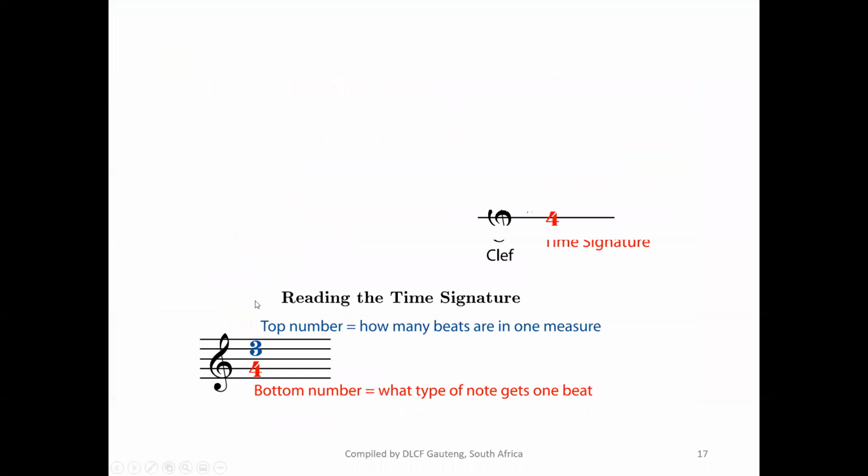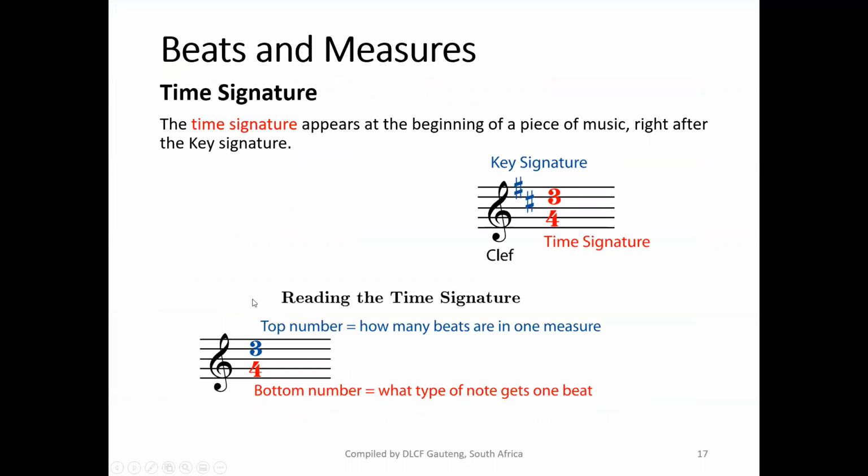Okay, so just to quickly summarize, we'll notice that in a sheet music, the key signature appears at the beginning of the piece of music, and right after the key signature. We'll cover key signatures later on.